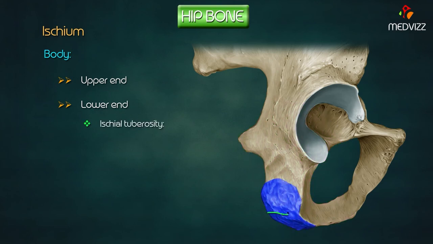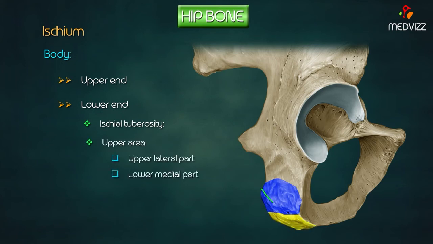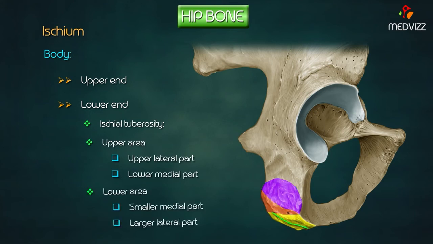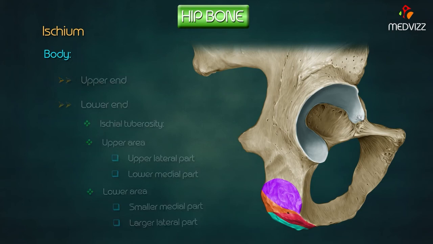It is divided into upper quadrilateral and a lower triangular area. Upper area is divided into upper lateral part and lower medial part. Lower area is divided into smaller medial part and larger lateral part. There is a groove above the ischial tuberosity which lodges the tendons of the obturator internus and gemelli.